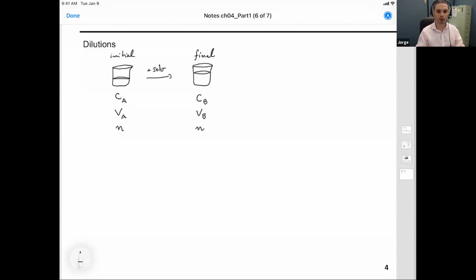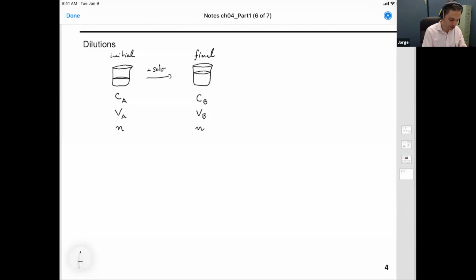What's the result of a dilution? The concentration is going to be decreased because I have the same amount of sample, but now in a larger volume. Note that in this process, I did not add or remove any amount of compound.